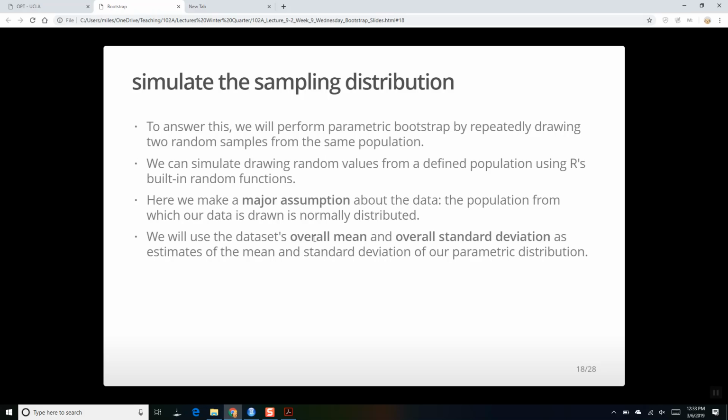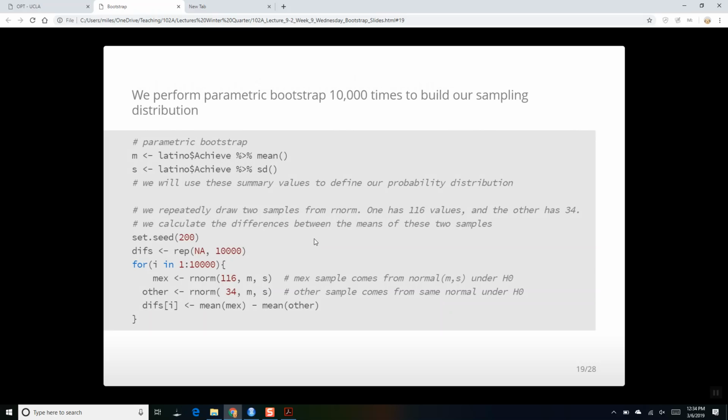And then the other thing is we're going to use our data set's overall mean, the mean of all 150. So that's going to be all immigrants from Mexico and other Latin American countries pooled together, and that's going to be the overall mean and the overall standard deviation. Those are going to be the values we use to simulate our normal distribution. And so this is what our code is going to look like.